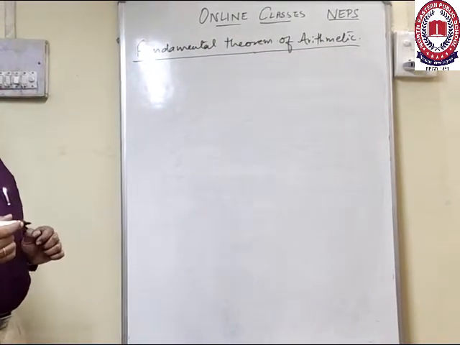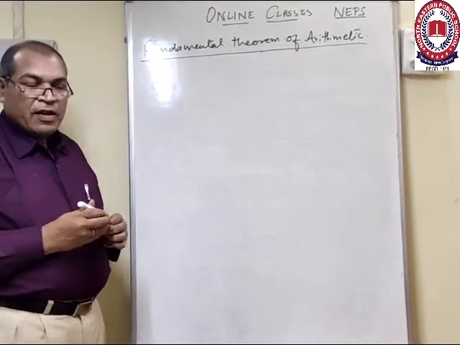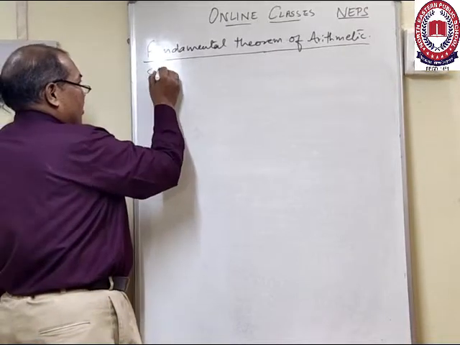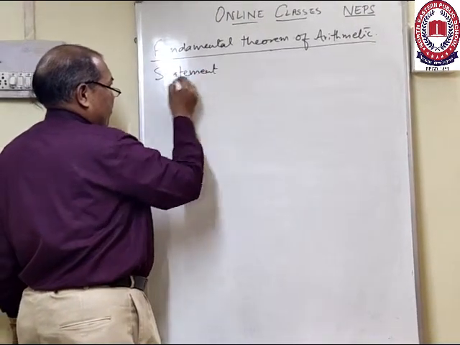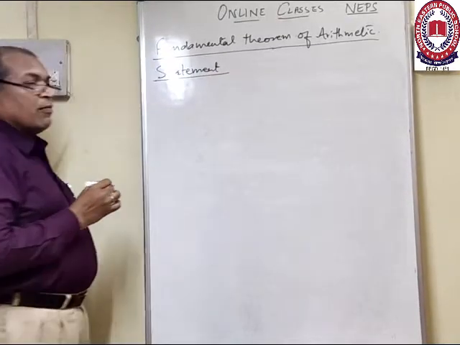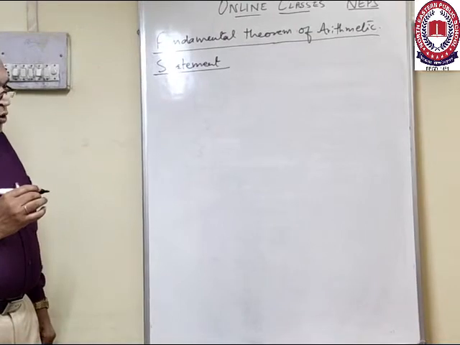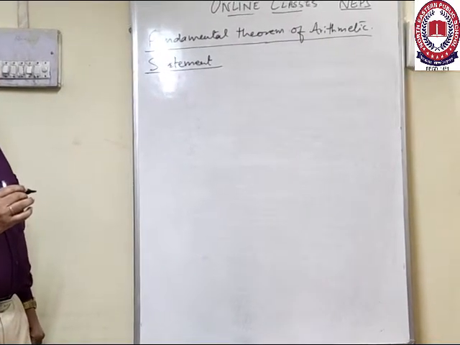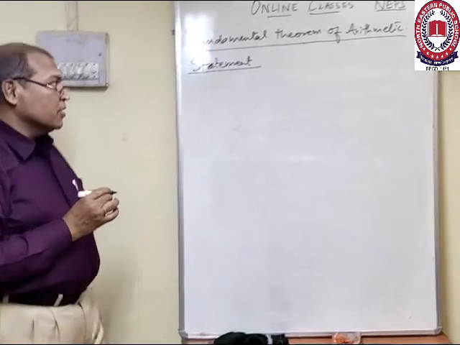First of all, we need to know the fundamental theorem of arithmetic. We need to know the statement of this theorem. It is a very important theorem for the prime factorization of any given positive integer.